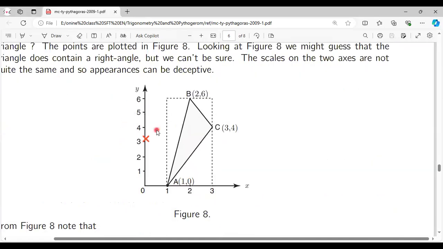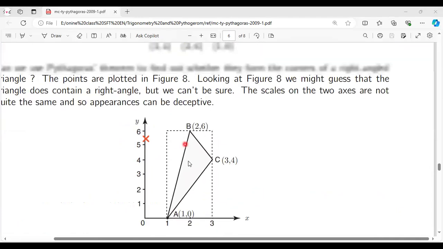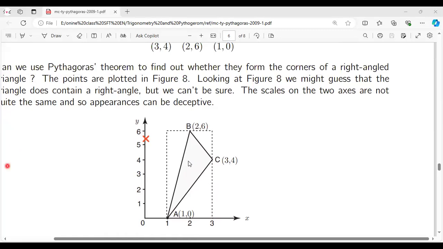Then if I ask you to draw or point out these coordinates in the xy coordinate system, it should be something like this, right? This is 1, 0. This is 3 x and 4 y, and this is 2 x and 6 y, right?